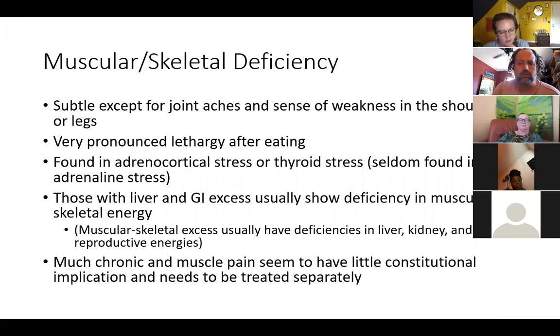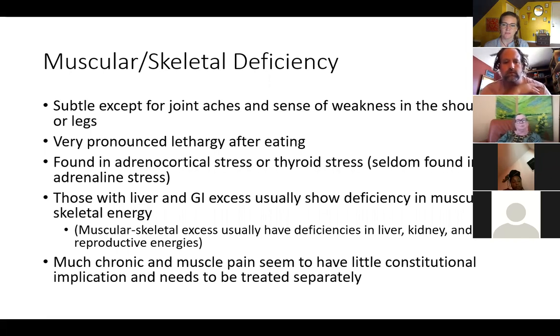I am going to point you toward the handout that Michael wrote, because he does a really good job of breaking down the types of stress. There's a whole section on stress patterns and what each one looks like. But I see adrenaline stress as that thing that most people stay in, that fight or flight, and adrenocortical is more of that chronic, low-key stress.